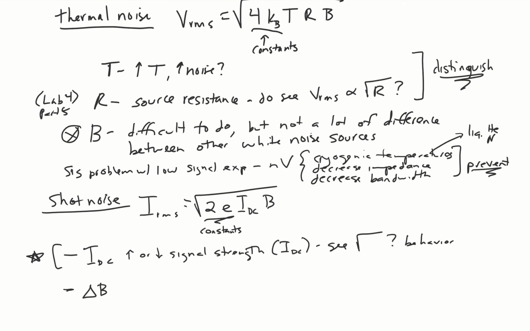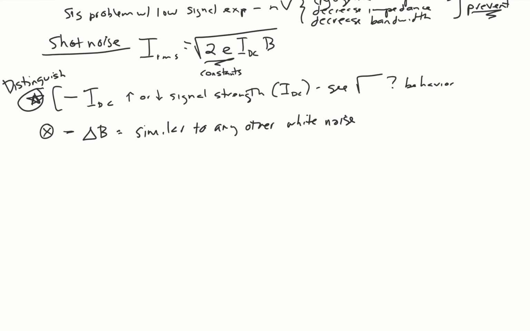Similarly, to the thermal noise, changing the bandwidth isn't that great because it's similar to any other white noise. So if you want to distinguish shot noise, change your signal strength.